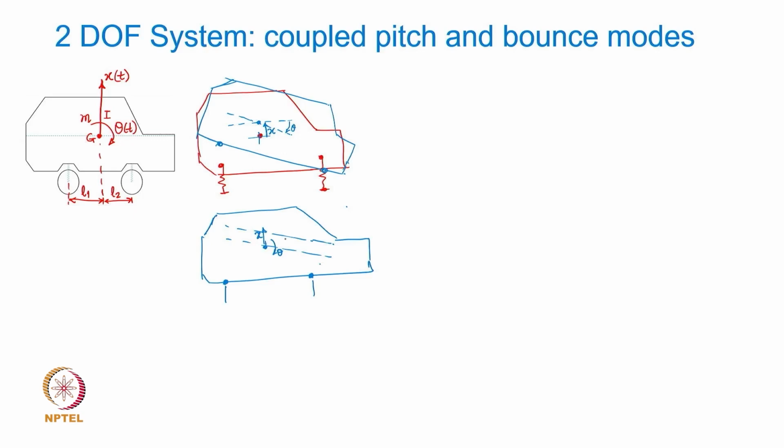So x and theta together would be generating some restoring forces at the spring connection points. Now, how much will be the value of these forces on the free body?